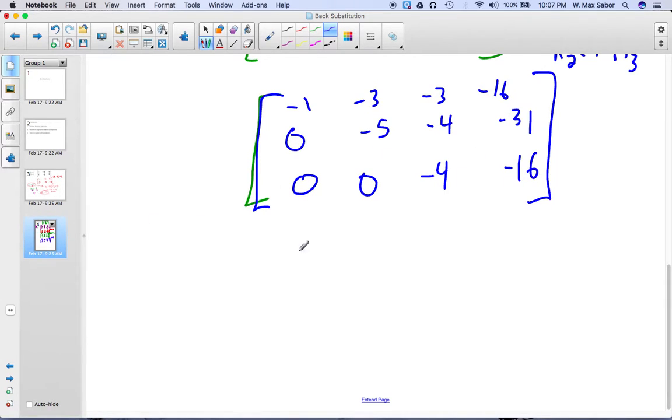The most interesting equation that we have here is -4 times z equals -16. So that gives us z equals 4. So that's the first piece. Now we can use that with the second equation.